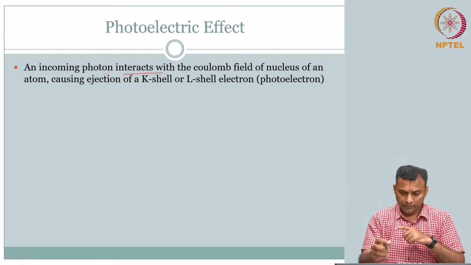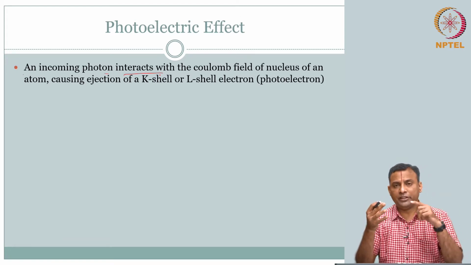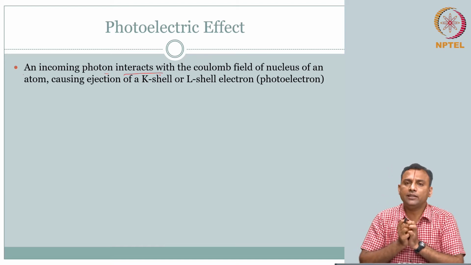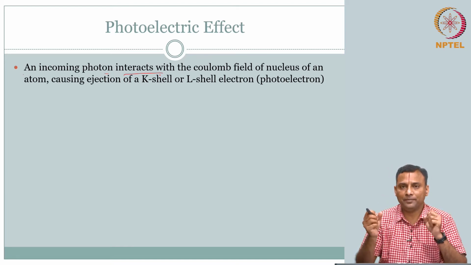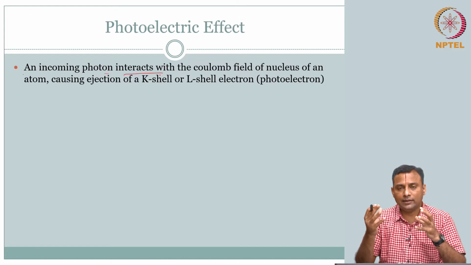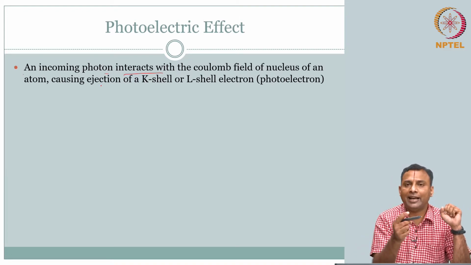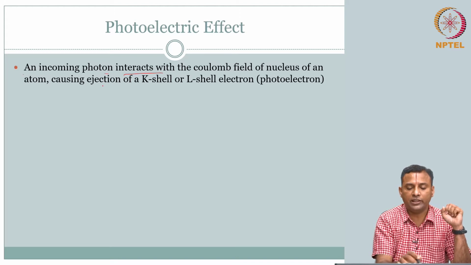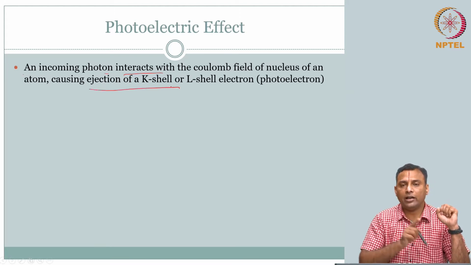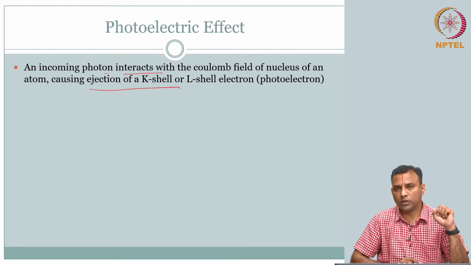So, in fact, the whole of h mu is absorbed by this atom in this field. Once that field gets that energy, if it has energy greater than the binding energy of the K or L shell, that electron is going to go out.